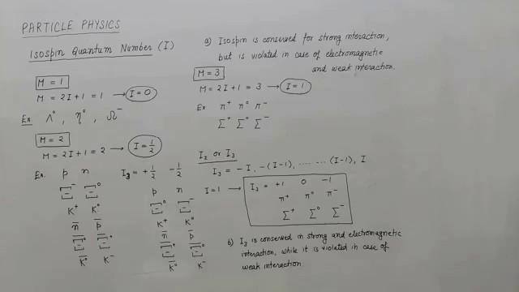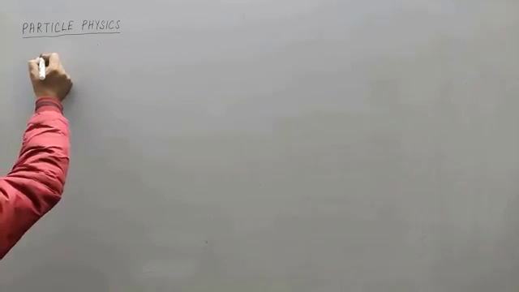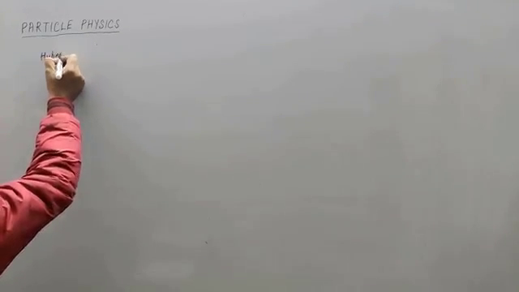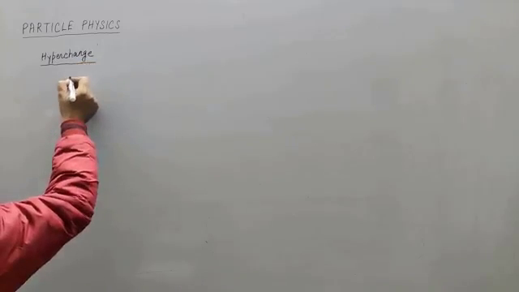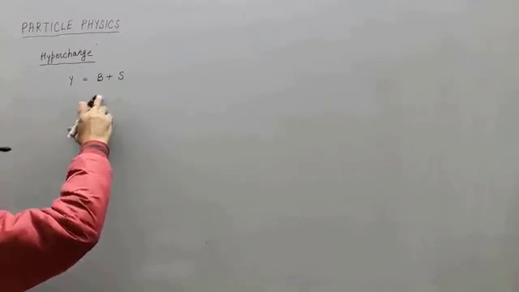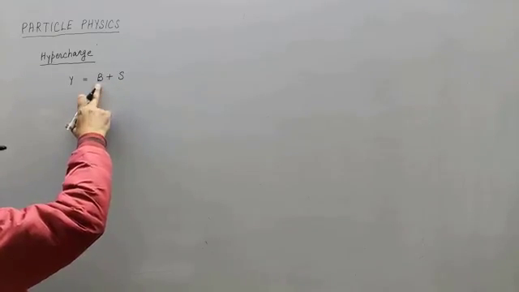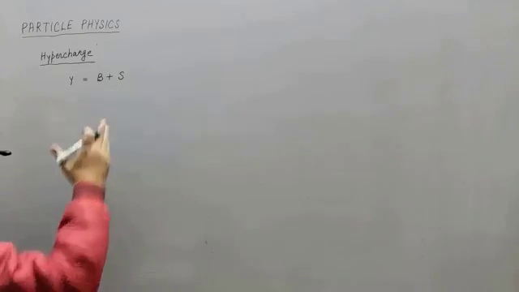Next important quantum number is hypercharge, that is represented by Y and its value is B plus S. Basically conservation is followed by both B and S. B is conserved in all nuclear reactions, while S is conserved in case of strong and electromagnetic interaction, while it may be violated in weak interaction.